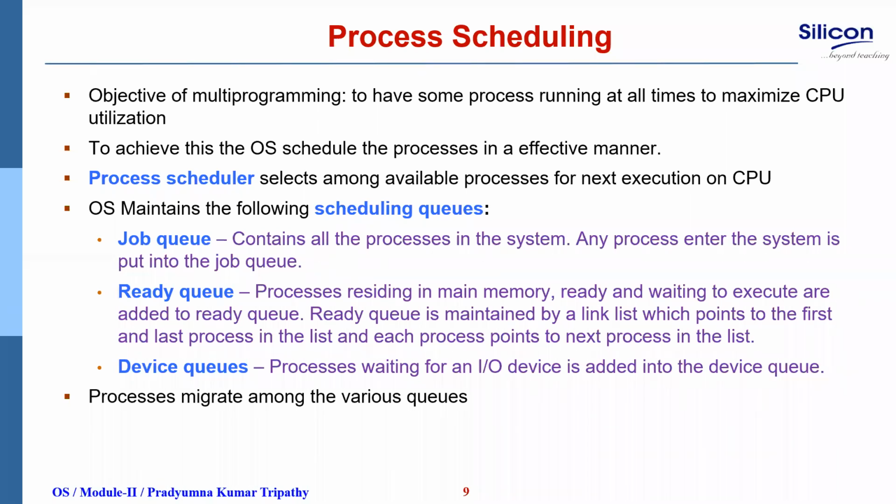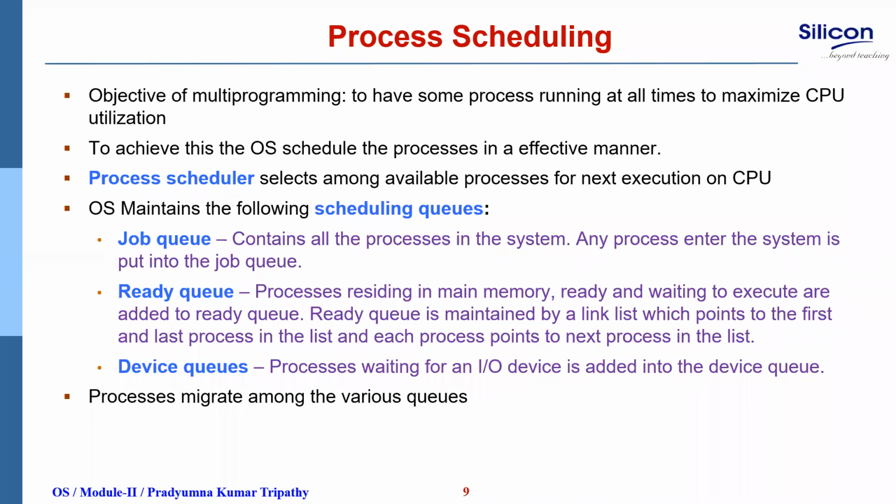If you have multiple processes in memory, whenever any IO event or waiting occurs, the CPU should not wait, but should jump to another process for execution. We want maximum CPU utilization. To achieve this, the operating system schedules the processes in an effective manner.